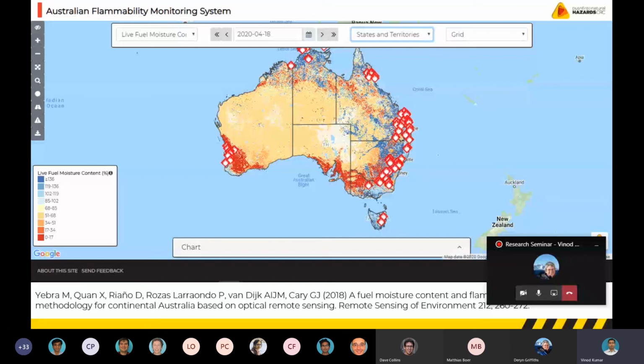I would encourage you to go and look at that paper published by Marta in Remote Sensing of Environment if you want to learn more about the project. She is quite keen to compare these two products and, if possible, identify some relationships. That's the motivation of this work.